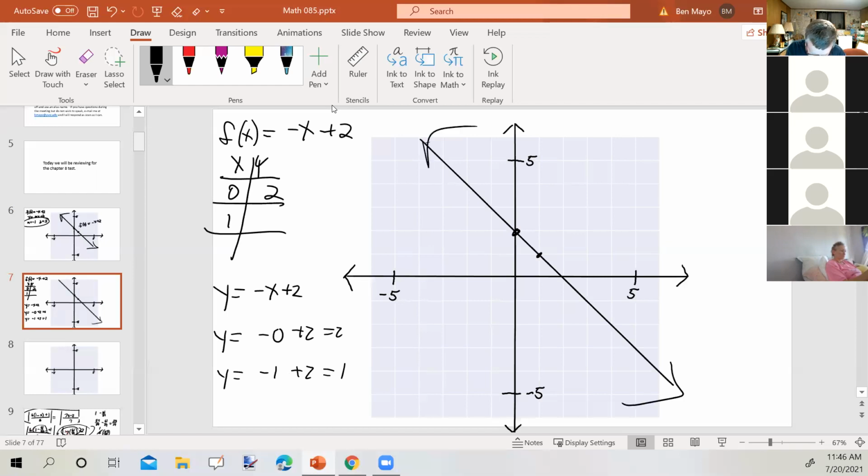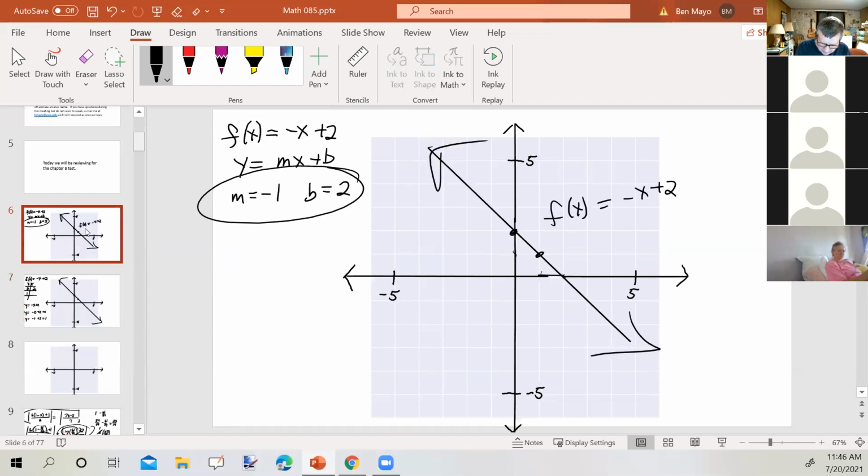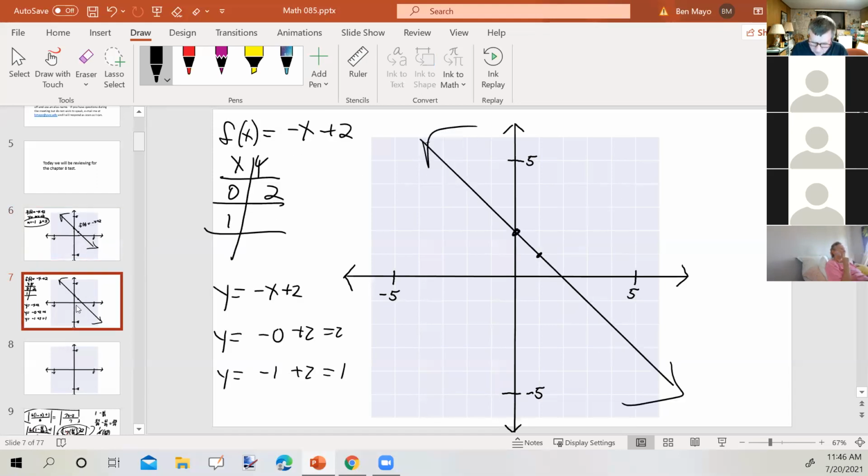And so there's my graph, and notice it's the same graph. Either way, slope intercept form is often quicker, but if you're not real solid with it, ordered pairs is just fine too.